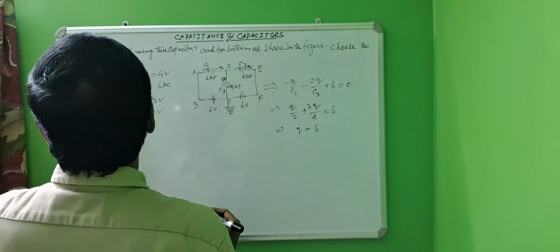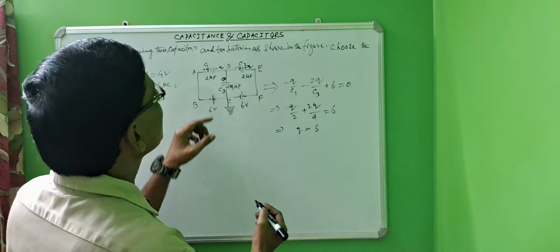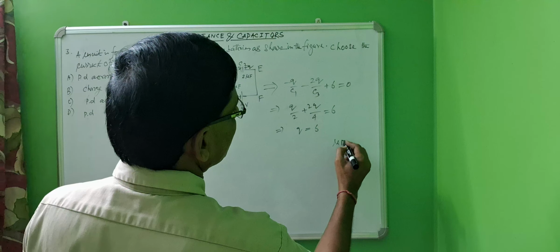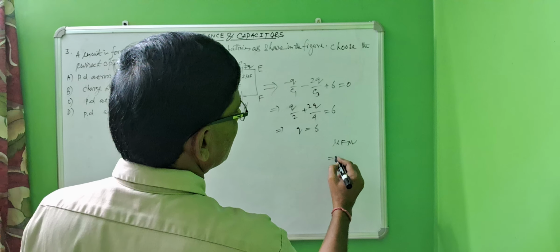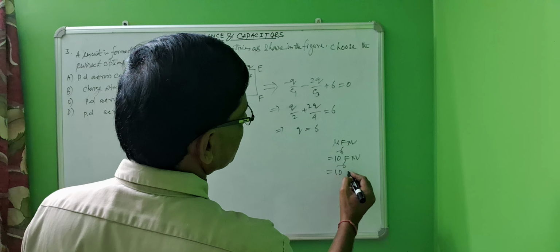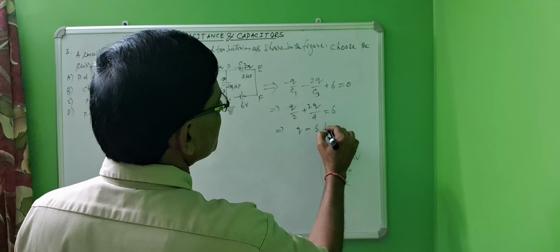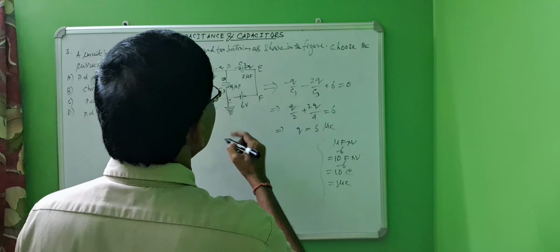So the charge stored in C1 is 6 microcoulomb. Why microcoulomb? Microfarad into volt equals 10 to the power minus 6 farad into volt equals 10 to the power minus 6 coulomb equals 1 microcoulomb. So 6 microcoulomb is the answer.